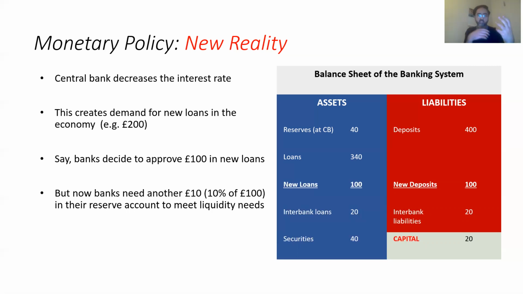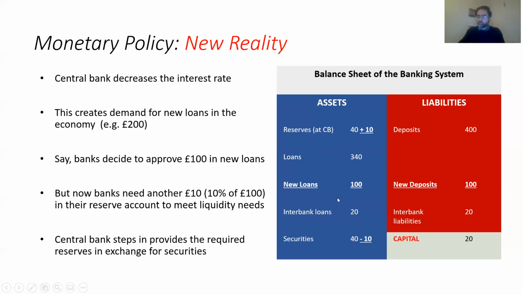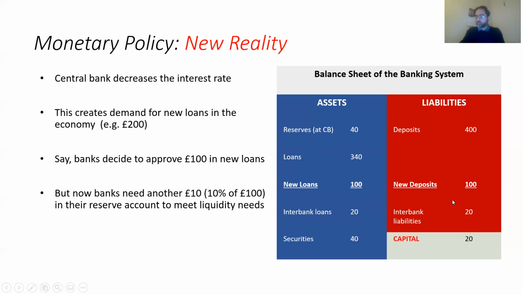Because if they don't, banks won't be able to issue these new loans and create new deposits, which means the market will not be able to clear at the interest rate the central bank has set. So the central bank will have to provide the liquidity the banking sector needs for the interest rate to stay where the central bank wants it to stay.